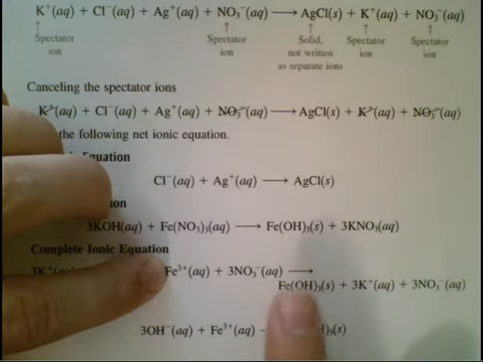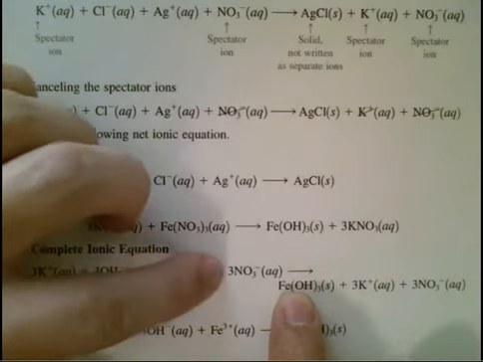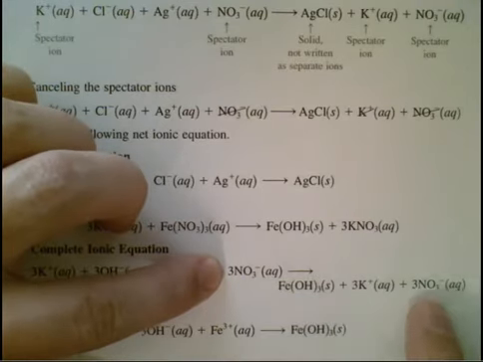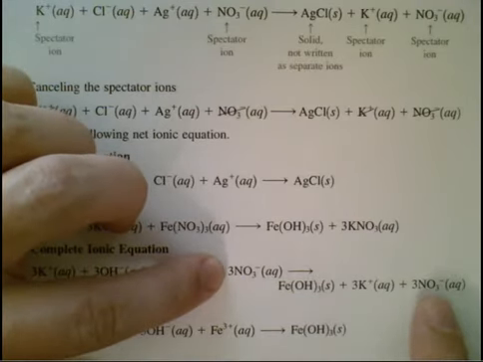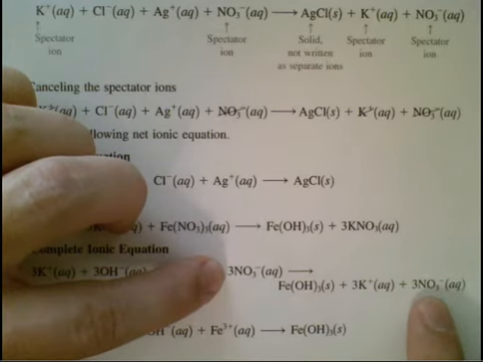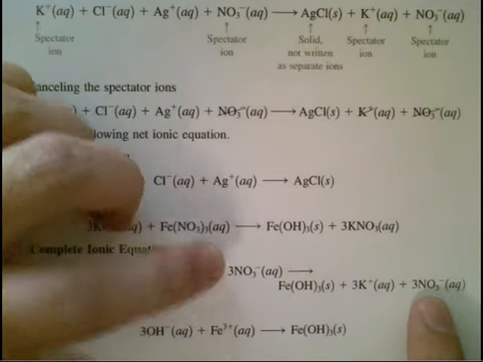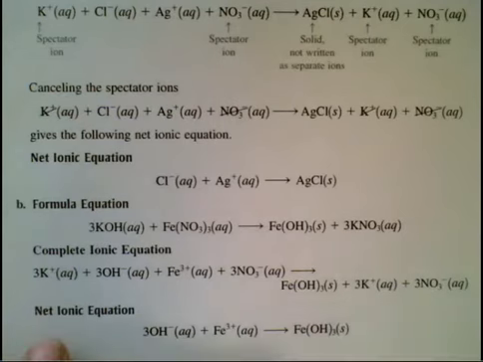Oh, but that iron is present in the solid, so that participates. It's not a spectator. But when we go to the nitrate, we have 3 NO3 minuses on each side, both in the aqueous state. They're spectators. They don't do anything. They just watch. So that's a spectator. I don't include that in the net ionic equation, which is just the hydroxides, the iron 3 cation, and then the solid iron 3 hydroxide.